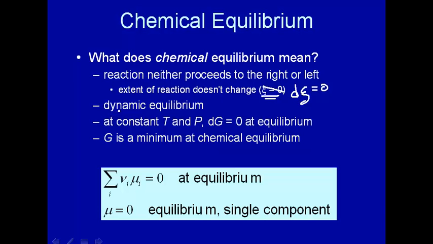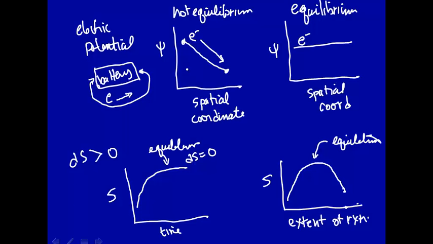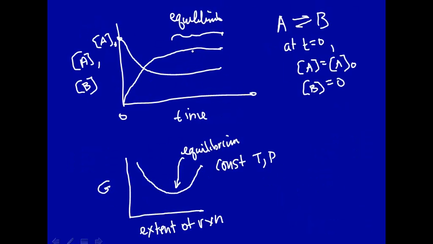Also recall from introductory chemistry that even though the concentrations are not changing with time at equilibrium, so here we are at equilibrium, the concentrations of A and B are not changing, nonetheless, this reaction is still occurring.